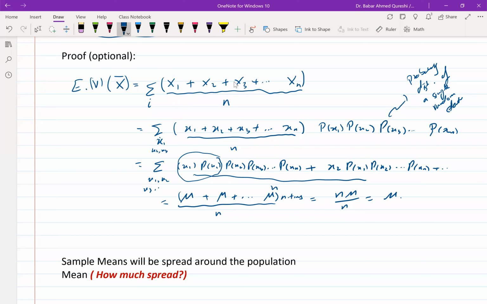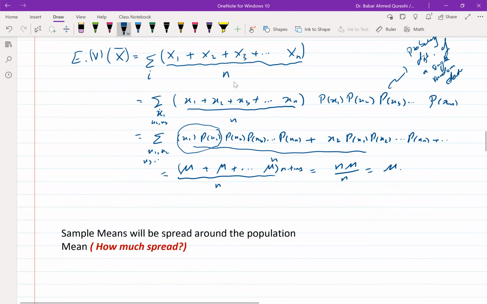So you get mu. This is a short proof that the expectation value of the sample mean is equal to the population mean. Doesn't matter what the size is. This n doesn't matter. Any size you pick, you always get the same expectation value, which is equal to the population mean.